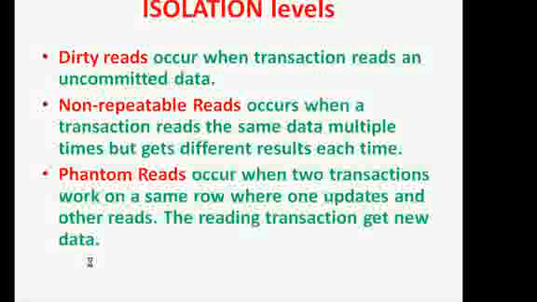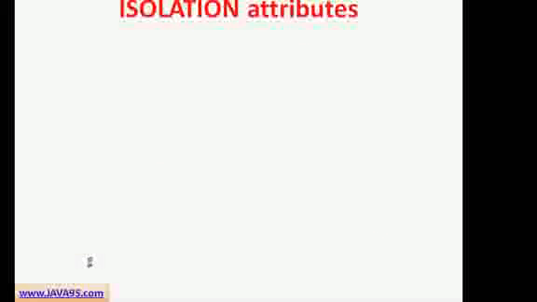They occur when two transactions work on the same rows where one updates and the other reads. Every time one transaction is trying to read the data and the other transaction is trying to update it, the reading transaction will find new rows getting added. These are called phantom reads. So let me talk about these isolation attributes.